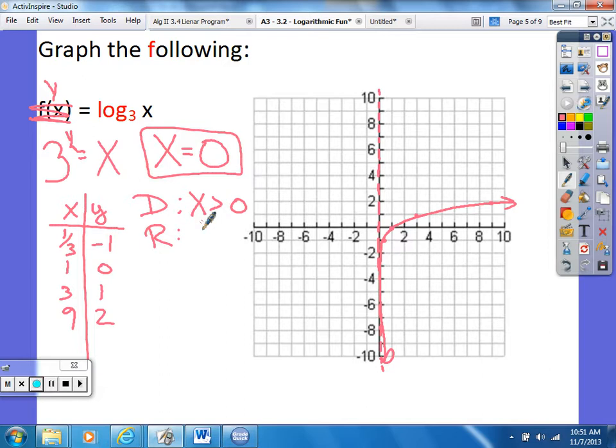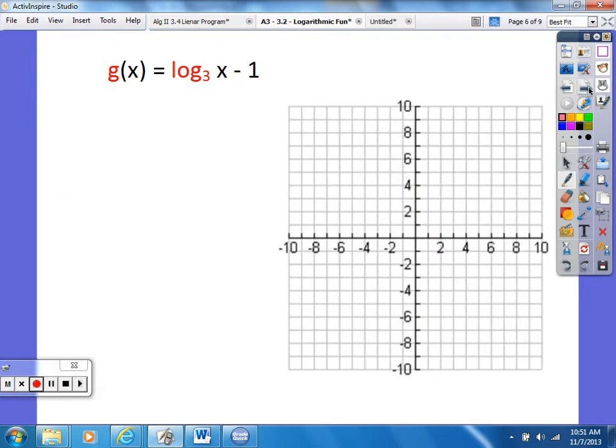All real numbers. For logarithms, yes. If it was exponential, guess which one's always all real numbers? Domain. Look, they just flip, don't they? No tricks here. How do you feel with that one? Happy? Okay. Let's do a harder one.